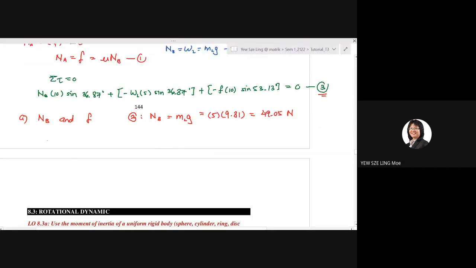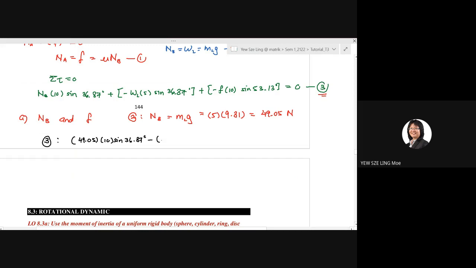From equation number 3, NB we have 49.05. So 49.05 times 10 sine 36.87 minus WL. WL is equal to NB.